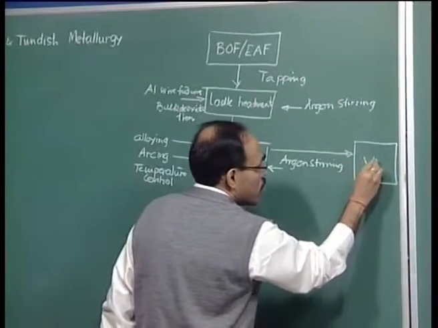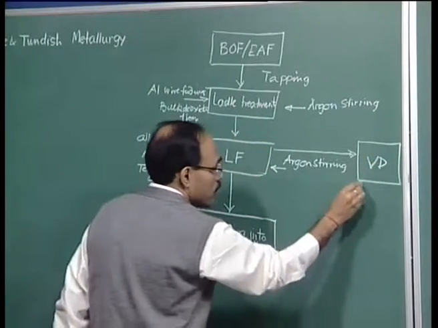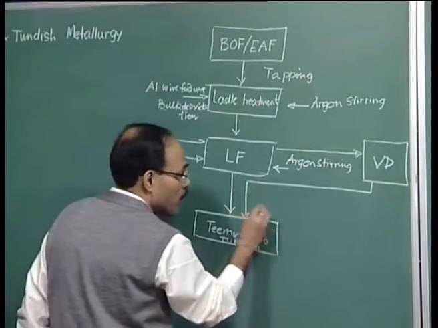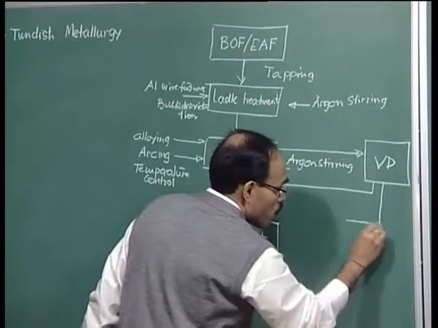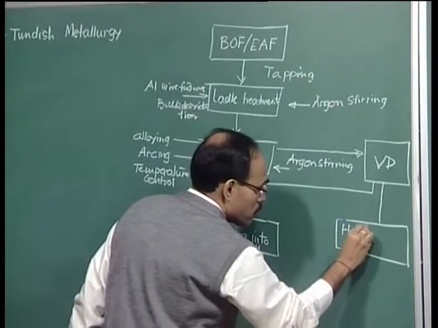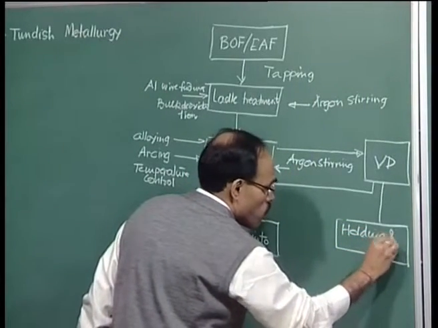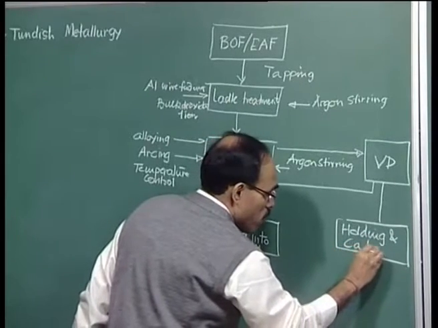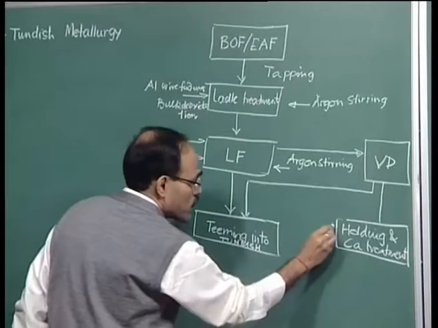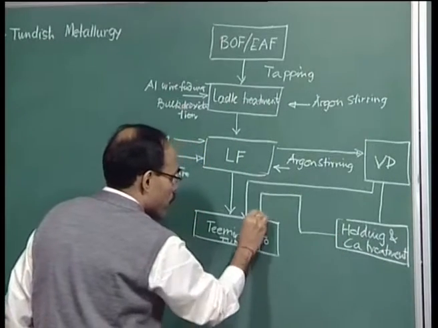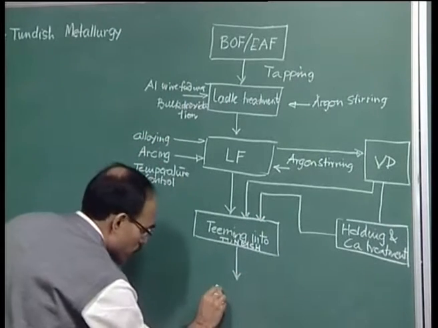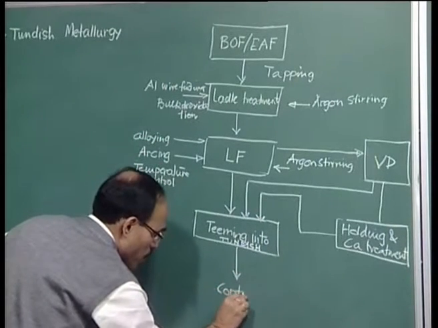And then after VD we can take the ladle either for teeming, or we can take it to holding as well as calcium treatment. That is also possible, and then finally this is teeming into the tundish and continuous casting.